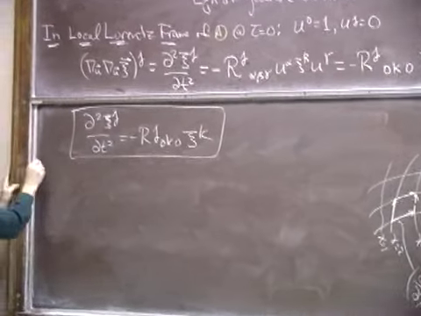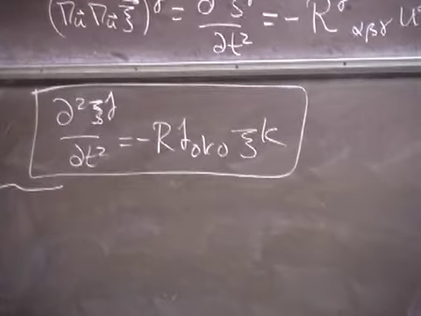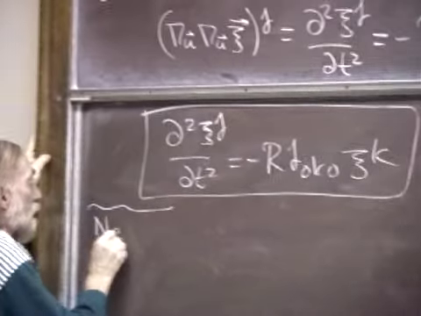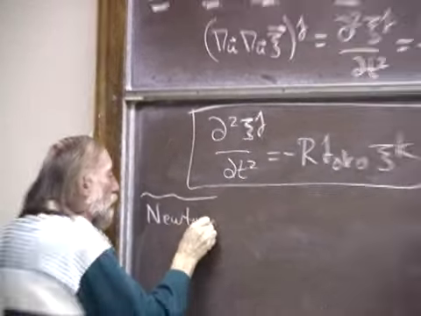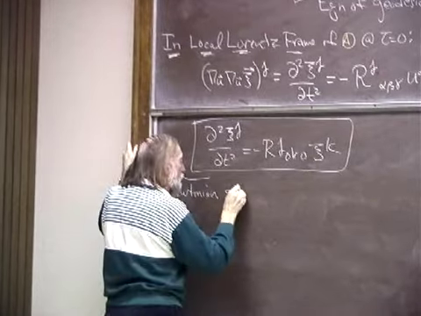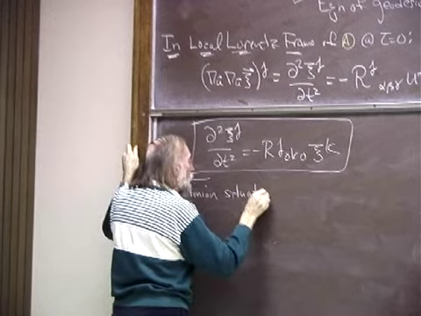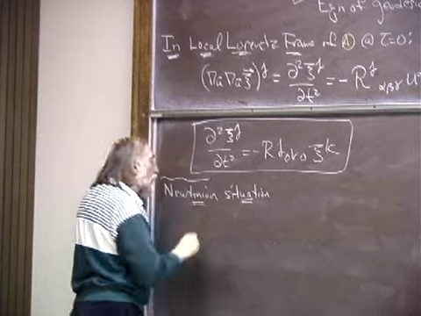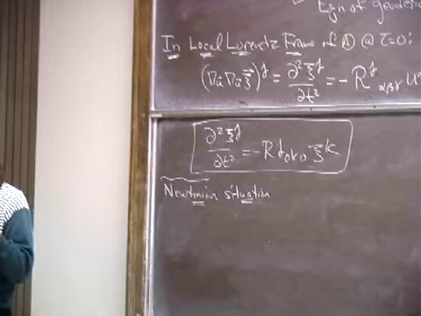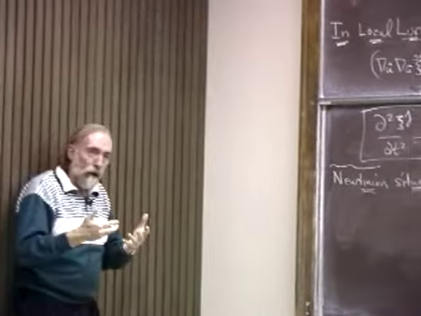Let's suppose now that this is a local Lorentz frame in a Newtonian situation. So we're in the solar system, for example, and the only gravity around is that associated with the planets and the sun and so forth, and we're treating it in Newtonian language. There are no gravitational waves to be concerned about.